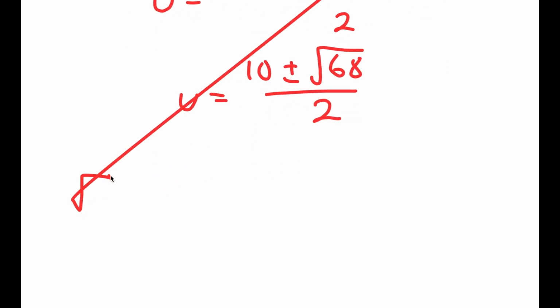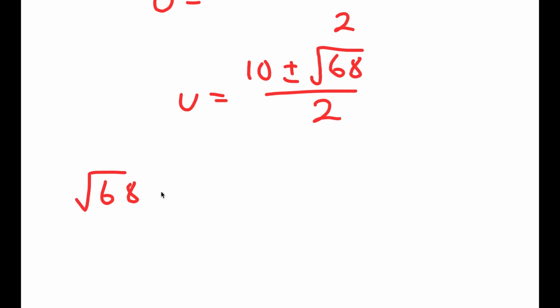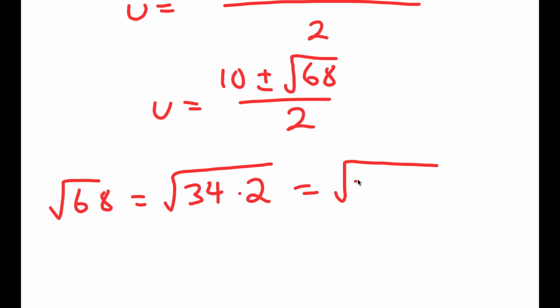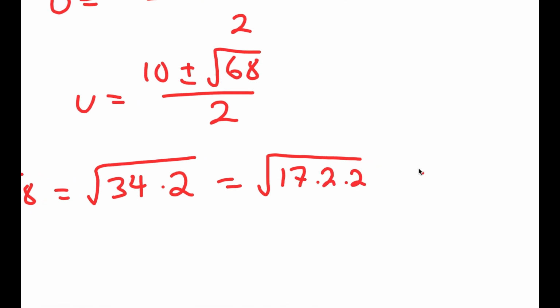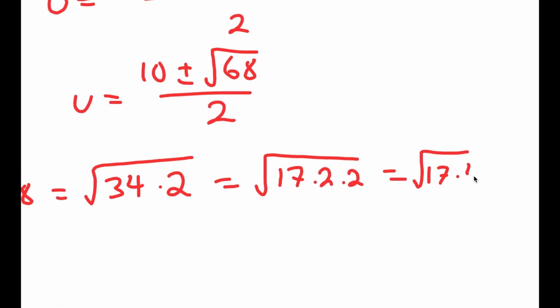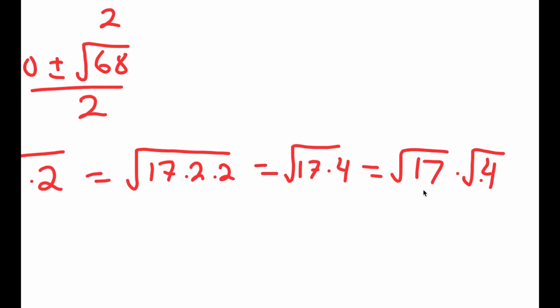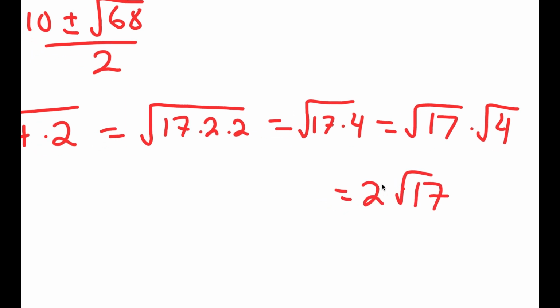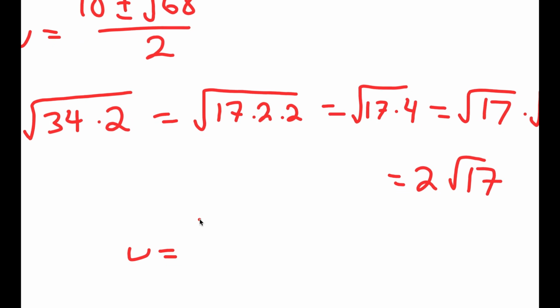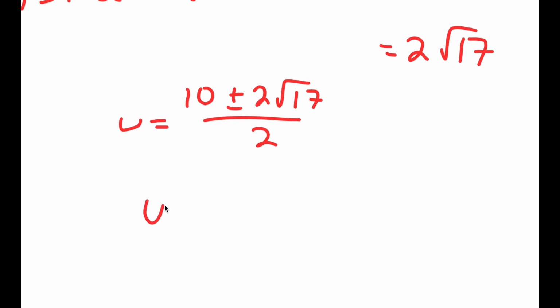The square root of 68 is equal to the square root of 34 times 2, which is equal to the square root of 17 times 2 times 2, which is equal to the square root of 17 times 4. And the square root of 17 times 4 is the same thing as the square root of 17 times the square root of 4, which is equal to 2 root 17. So I get u is equal to 10 plus or minus 2 root 17 over 2. And if I divide 10 by 2, I get 5 plus or minus, these two cancel out, the square root of 17.